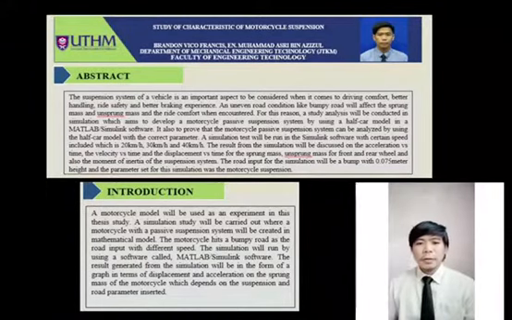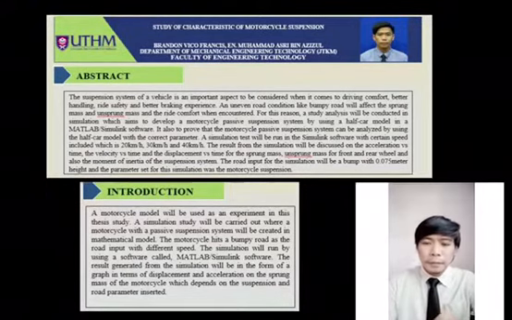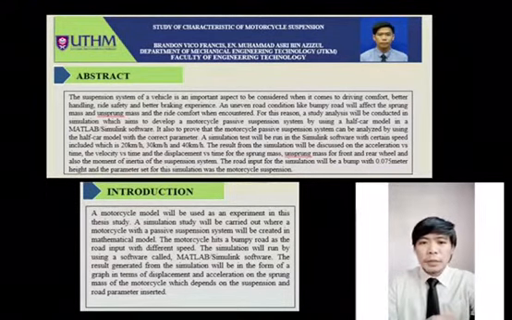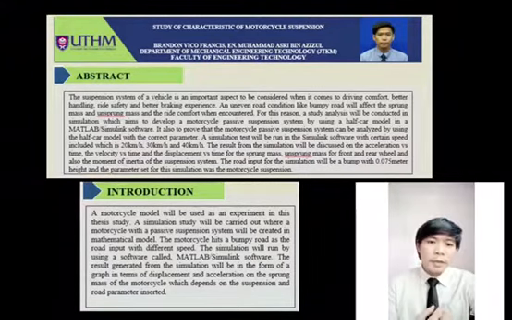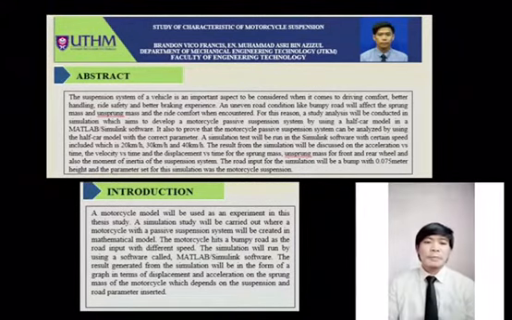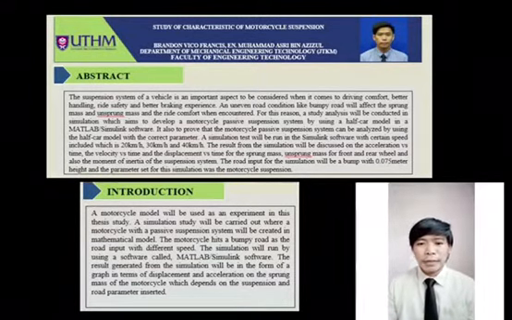Okay, so there are only two objectives of this study, which are to develop a motorcycle passive suspension system by using a half-car model in Simulink, and also to make an analysis of the half-car model of the motorcycle suspension system in Simulink.